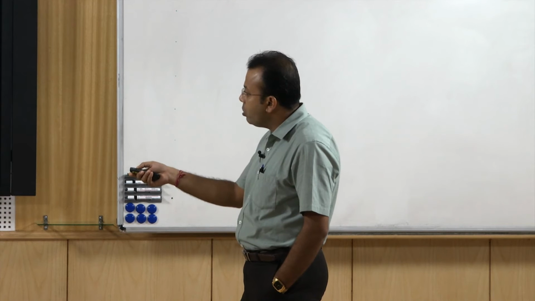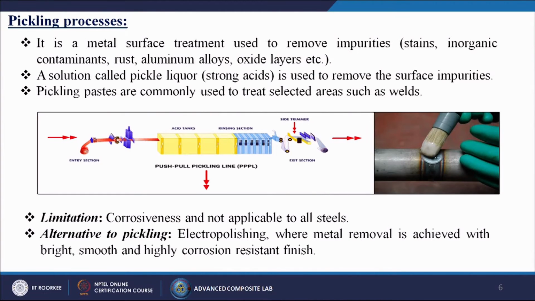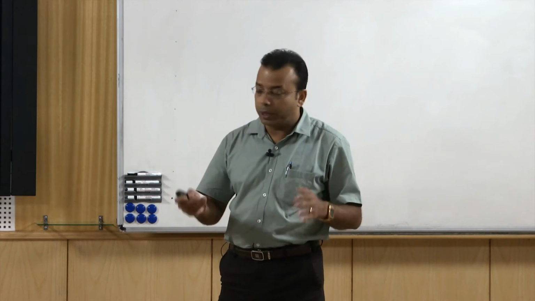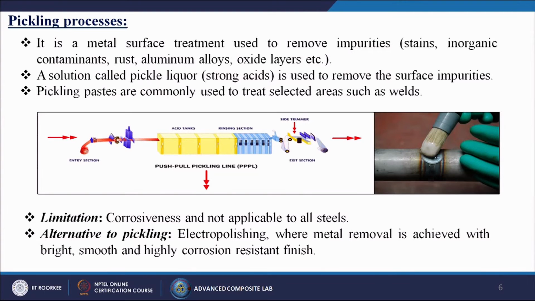This is also another process which we generally see as an industrial process, or which we adopt when we are doing continuous manufacturing of parts in industry. Here this is the entry section where we put our materials, then the materials go through acid tanks, which is nothing but the pickle liquor.